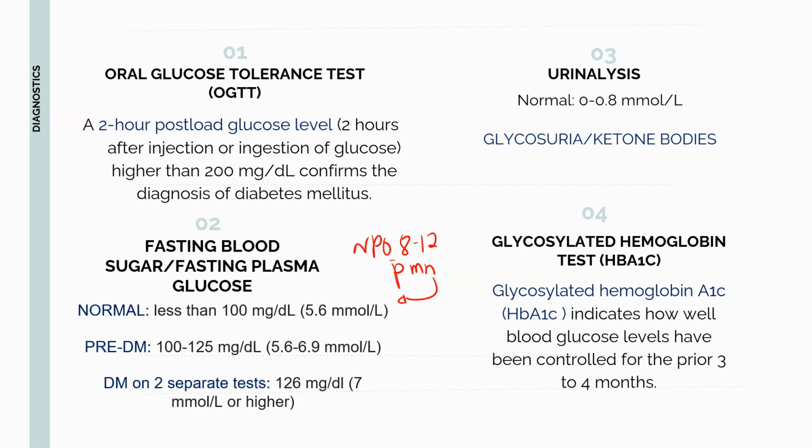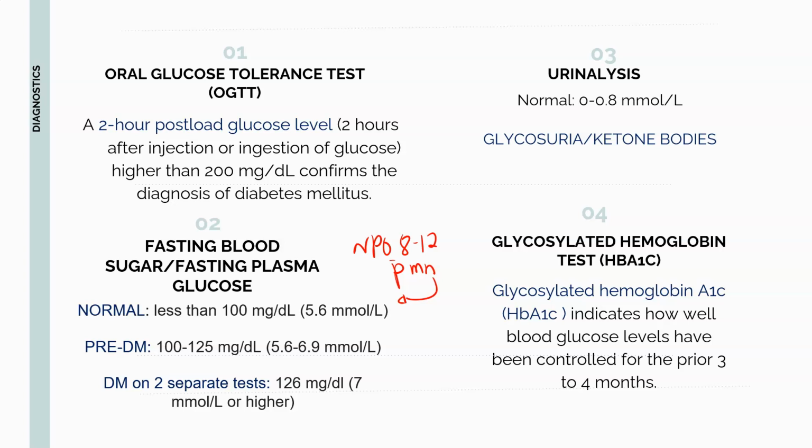Next, you have your glycosylated hemoglobin test, or this is what we call your HbA1c. Your HbA1c, I think I have discussed this one. Your HbA1c provides information about how well you have managed or controlled your sugar level in the past 3 months. Kasi nga, hemoglobin test. Your hemoglobin has a lifespan of 3 months.